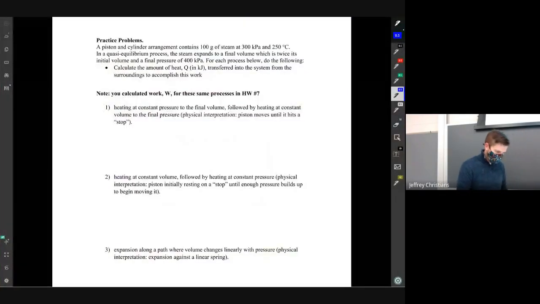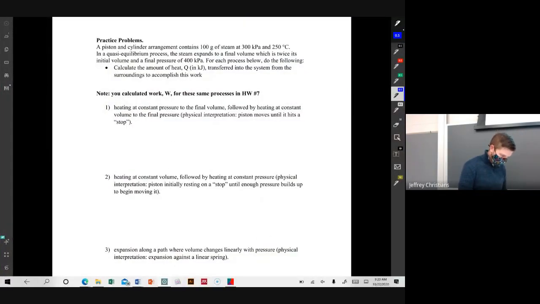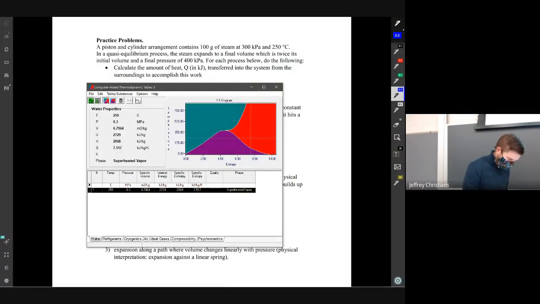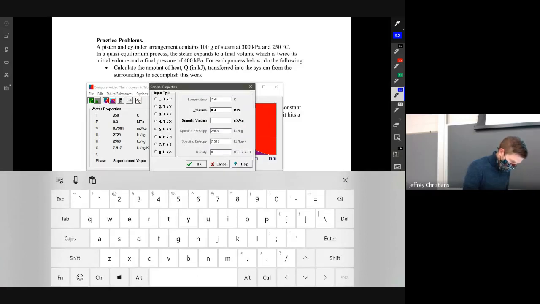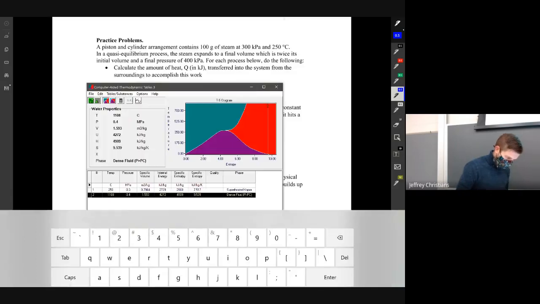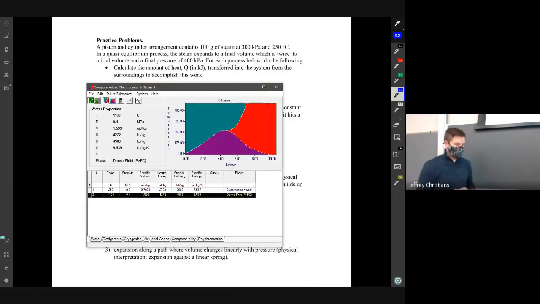Twice the volume and 400 kilopascals. Does anybody have what the specific volume is of the final state, so I don't have to do the math? 1.59272. Yeah. And our pressure was 0.4. Okay, so those are the values that we get.